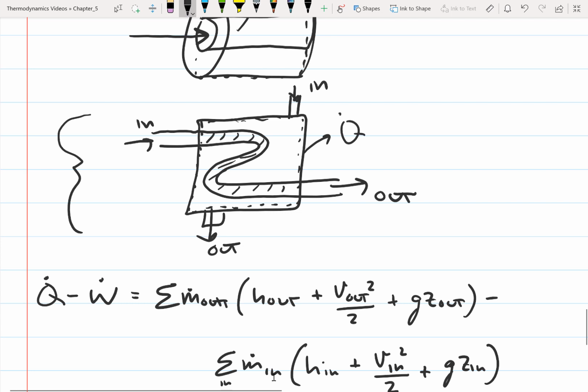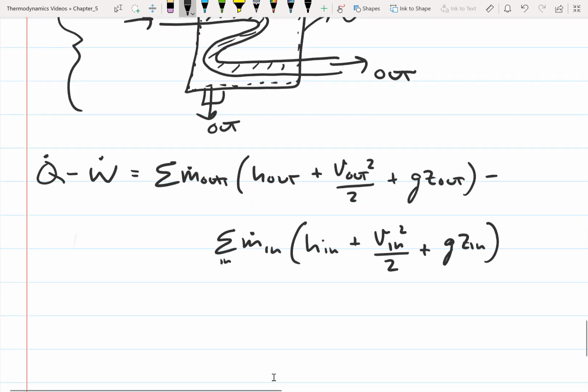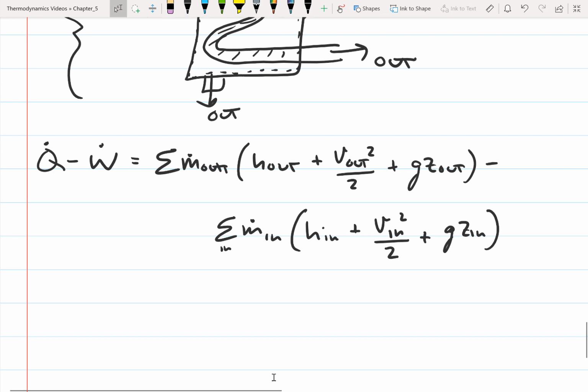So that means that Q dot is equal to 0, assuming that these heat exchangers are well insulated. So we can often say that Q dot is 0 if well insulated.